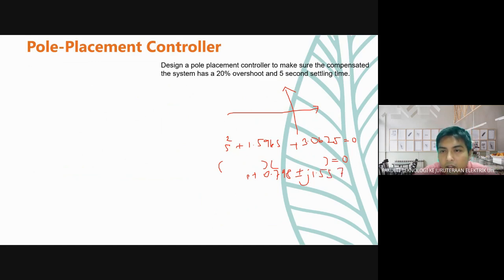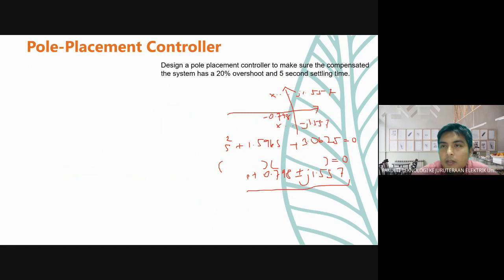You factorize these two, you can get the pole location. So it means that this is the pole location here. Negative 0.798, and then this will become j1.557, and this is negative j1.557.